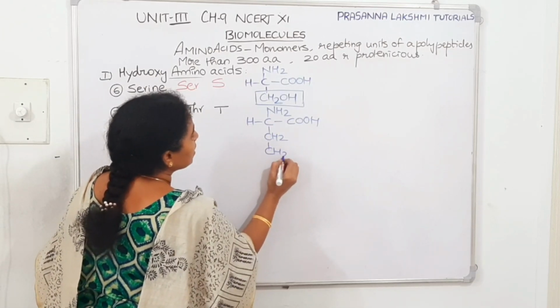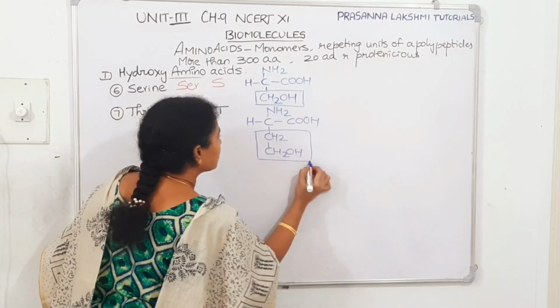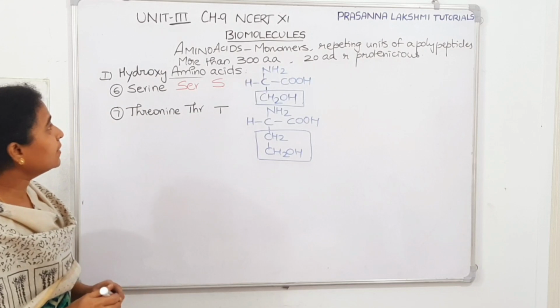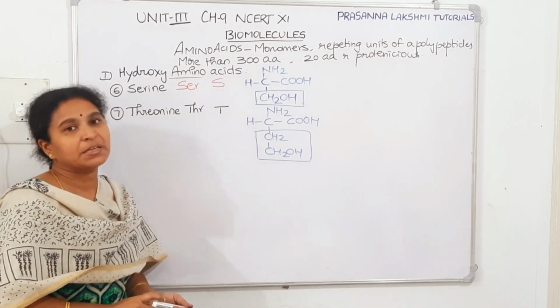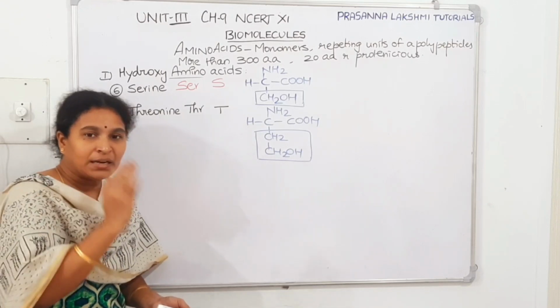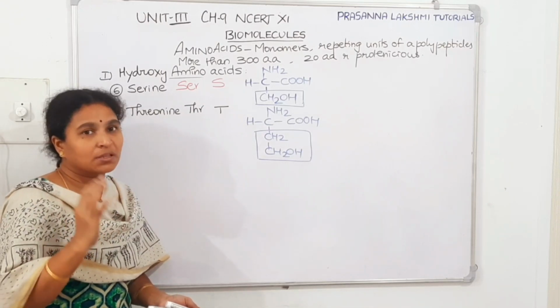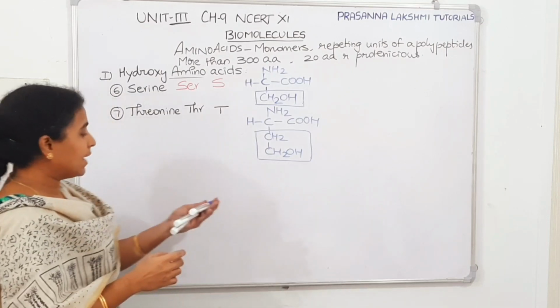So it will be CH(CH3)OH, this is the R group, then that is threonine. And the third hydroxyl group containing amino acid will be tyrosine, that we will be discussing under aromatic amino acids. So I gave 5 which are having one acidic group and one basic group, I call them as neutral. I took 2 which are having OH groups, that is serine and threonine.